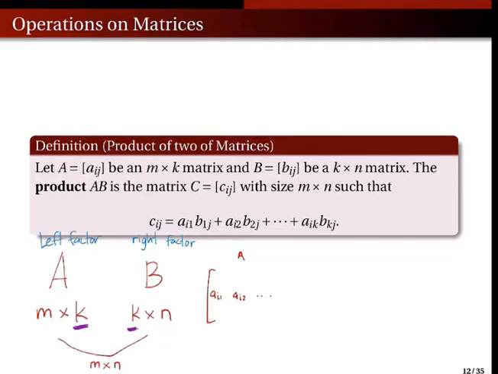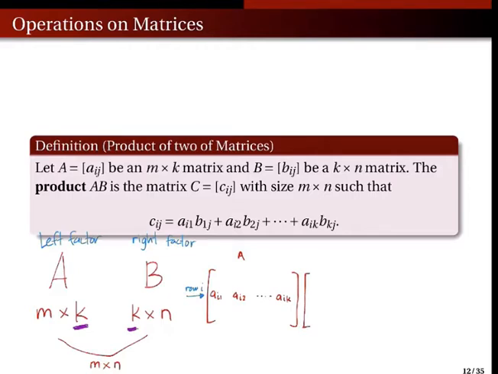And then you have your AiK, okay? So this is row i. This is your row i. Take note of that.